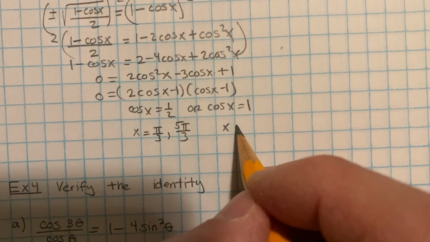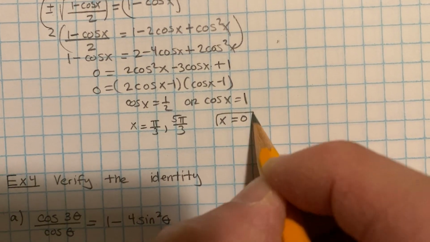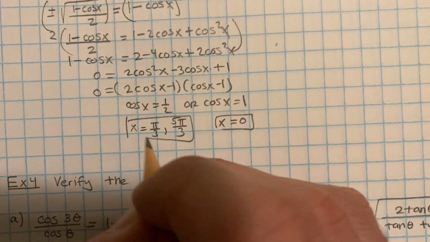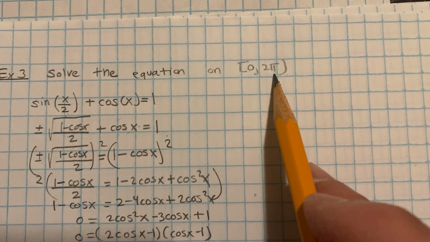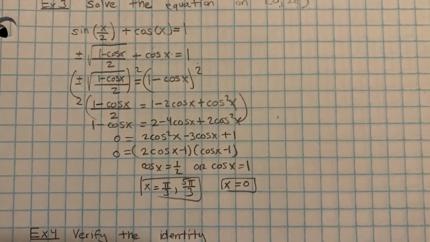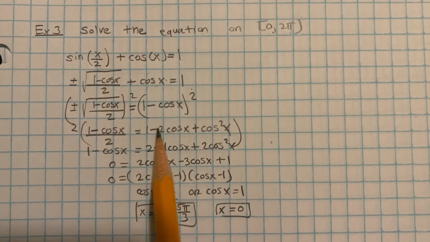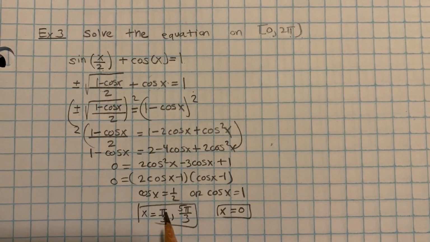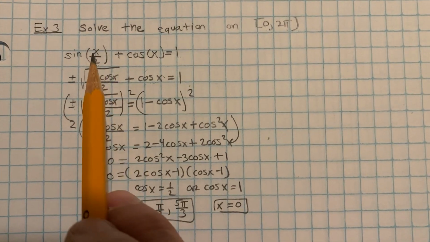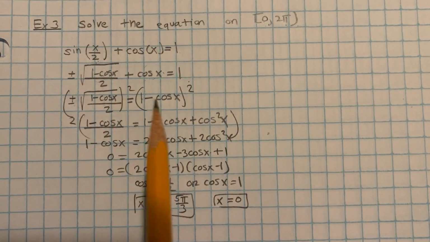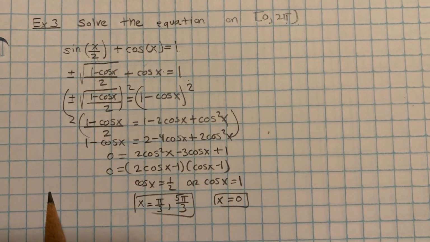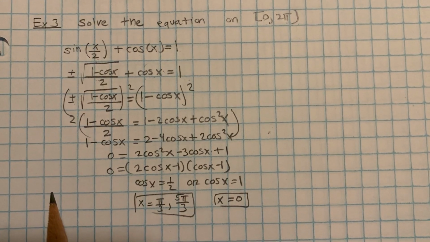You're going to have x equal to 0 radians. Of course, 2 pi radians would work, but it does not fall in the interval, since 2 pi is non-inclusive. You're going to have 4 problems in your homework where you're asked to solve the equation, and you're just going to have to substitute a half angle formula and then perhaps square both sides of the equation after you move one of the terms over.